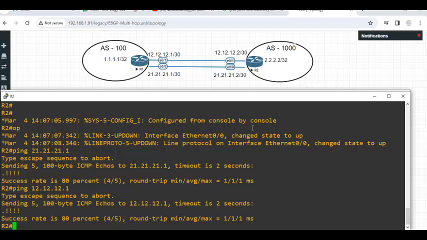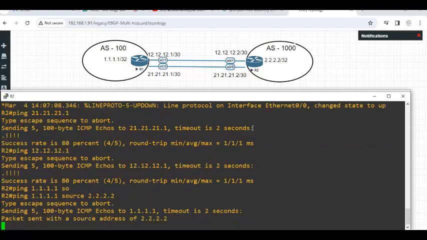If you are planning to form a neighbor between 1.1.1.1 and 2.2.2.2, you need to have this ping. The ping will not happen because you don't have a route. This is the first problem we have to solve. The reachability needs to be there, only then the three-way handshake will happen.